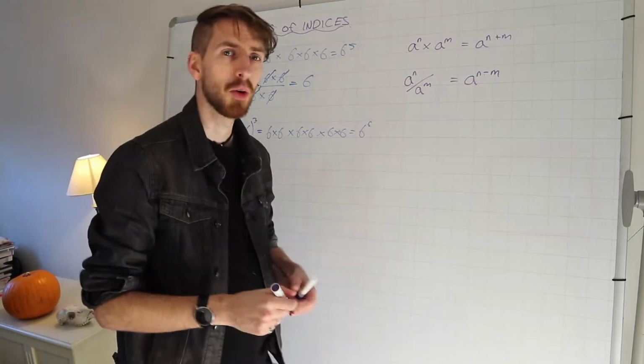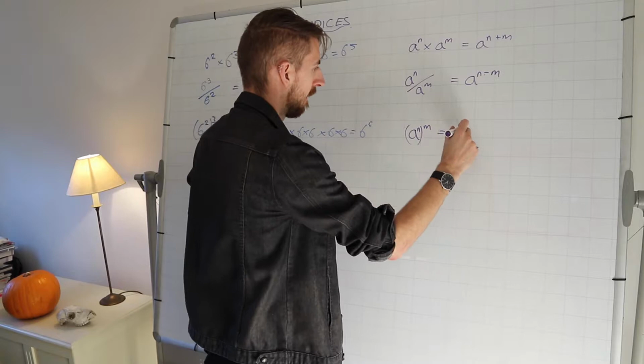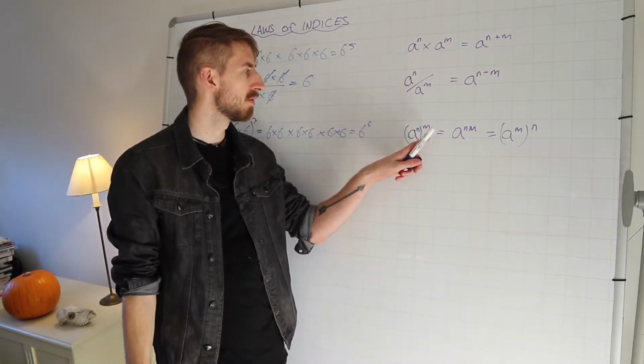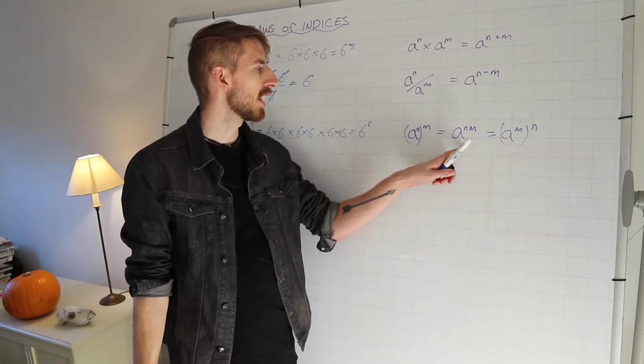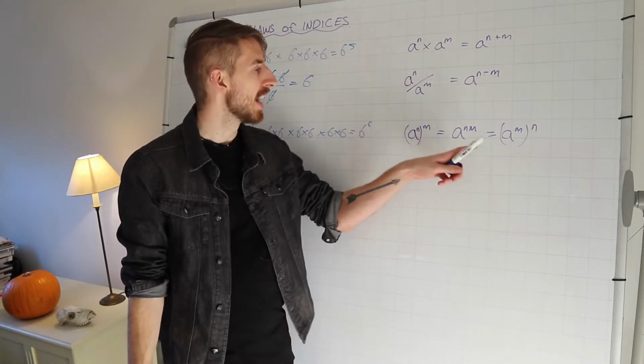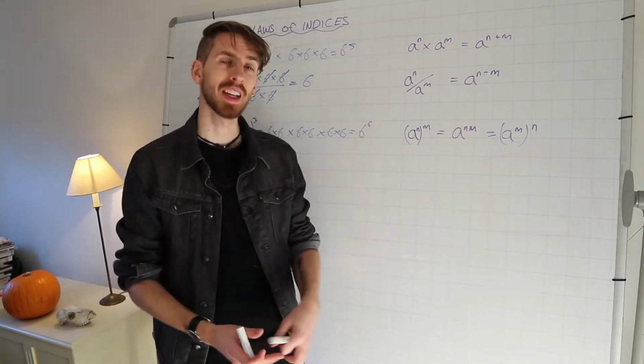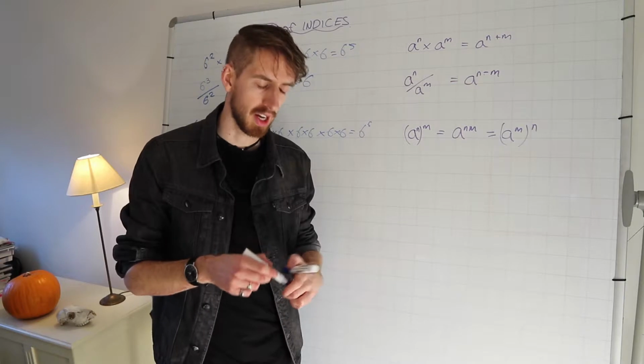That's another rule there. So what you get is, if you've got a to the power of n, and you do all of that to the power of m, that's the same thing as a to the power of nm, or m and then to the power of n. It's all the same stuff. That, my friend, is a nice result.